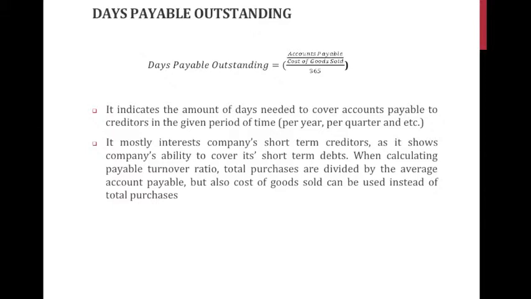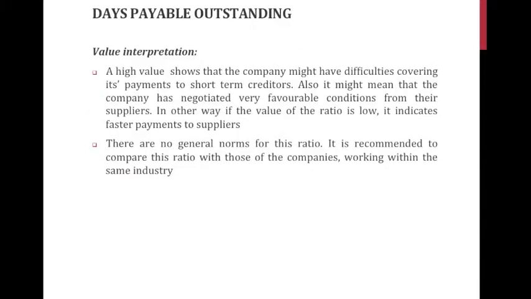It indicates the number of days needed to cover accounts payable to creditors in the given period. This indicator mostly interests companies' short-term creditors, like various kinds of suppliers. And again, a high value shows that our company might have difficulties covering its payments.